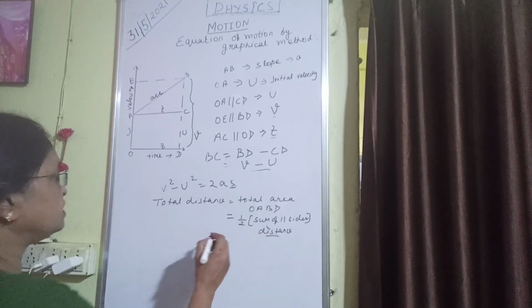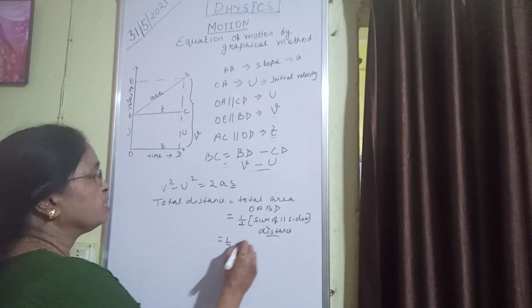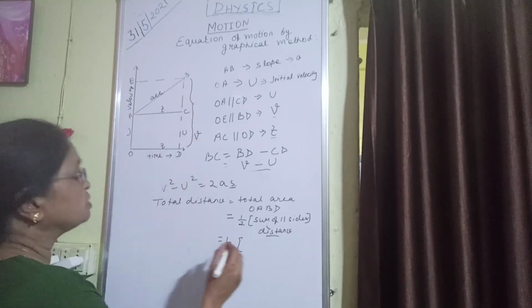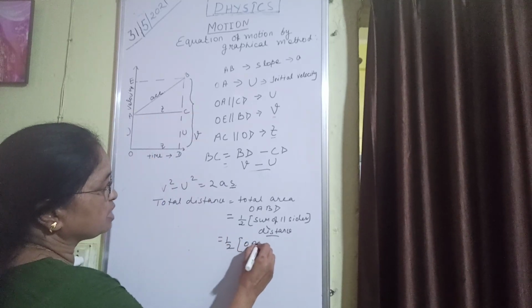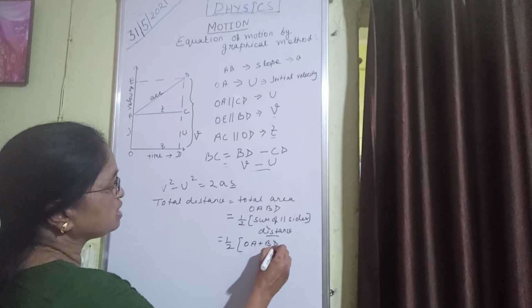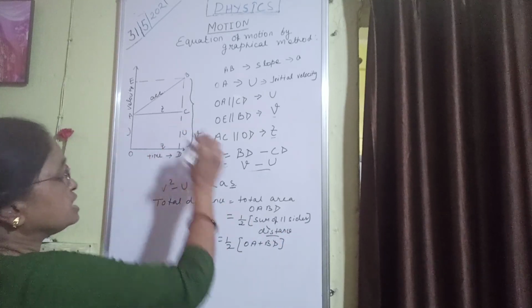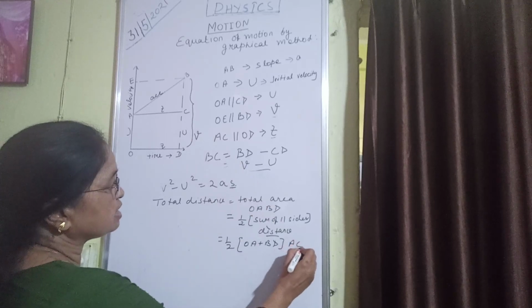So students, how will we do this? Half the sum of the parallel sides is OA plus BD, into the distance between them, which is AC. So directly I am writing AC.